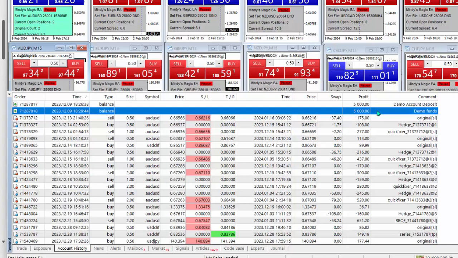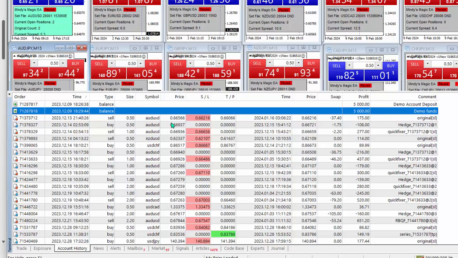Okay, now the MegaMagic EA, as with the Mindy's Magic version 56, you don't have to start with $10,000. You know, these EAs are scalable, but I really wouldn't use them on accounts with less than $2,000. Okay, because they don't scale down very well when you get down to trading accounts that only have like $500 or $600 in them. It's just, you know, the math just doesn't work at that point.